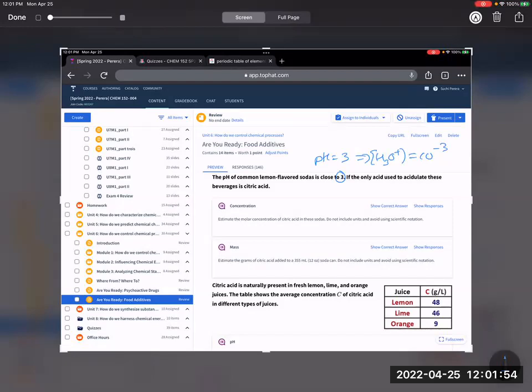And then we know for a weak acid, the H3O plus concentration should be equal to the square root of the initial concentration of the acid times Ka. Therefore C naught times Ka must be the H3O plus concentration squared, and they're asking for the molar concentration of citric acid, that means C naught.